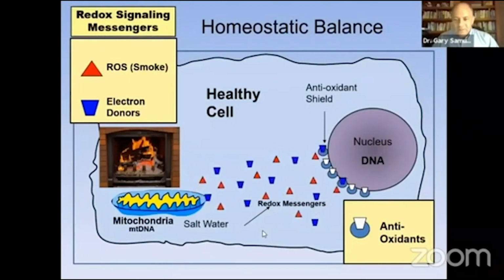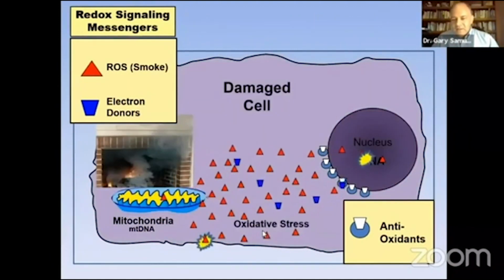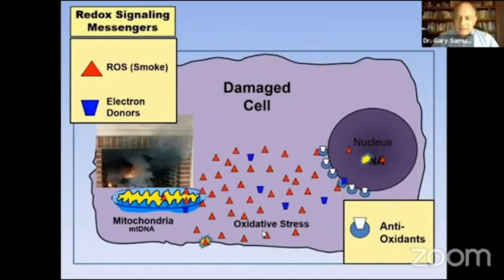Some of you have seen this before. And that's wonderful because the mitochondria is producing energy. It's also producing these things, and it's keeping in a homeostatic balance all of the oxidation inside the cell until the cell gets damaged. Then the cell starts to send up smoke signals where the oxidants and free radicals go crazy.